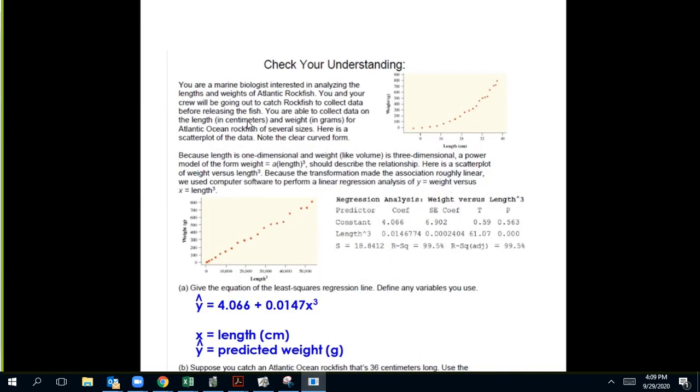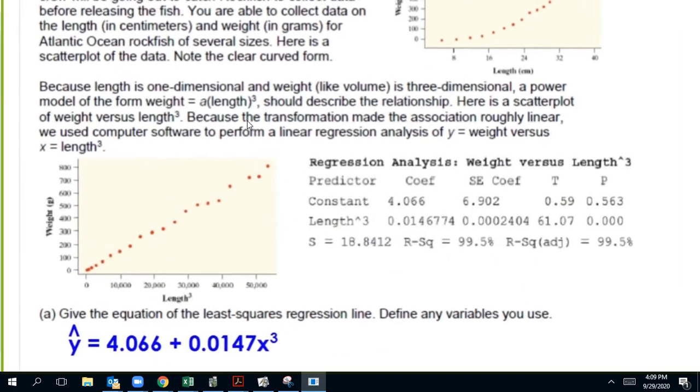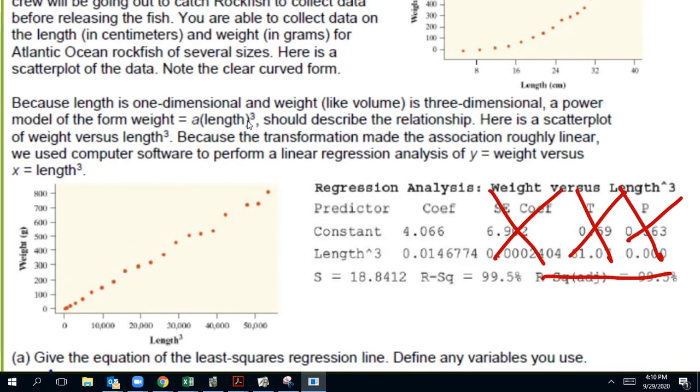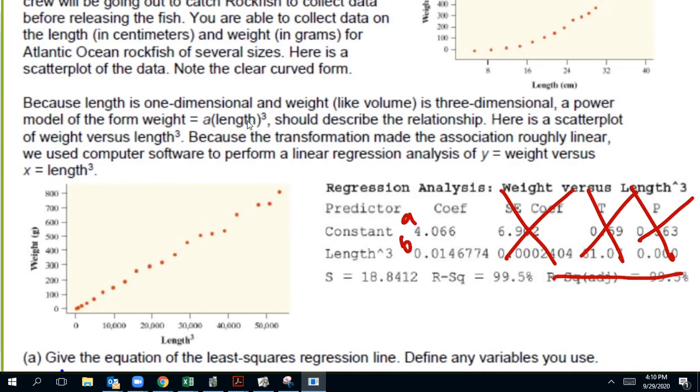I am going to show you one quick thing about it. You might not know how to do this yet, but this table is very confusing to read. We can cross this off, this off, and then we'll never use the adjusted. And so this is our A, and this is our B. And if you read the whole problem, it tells you that our length is x.